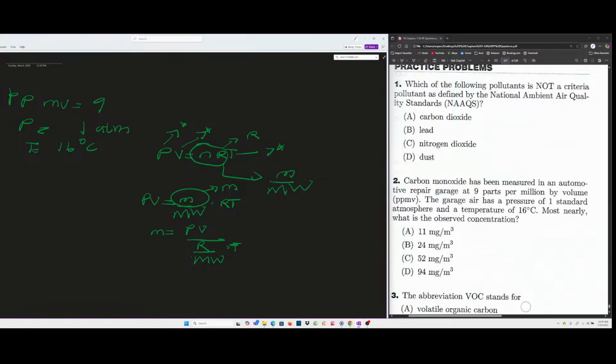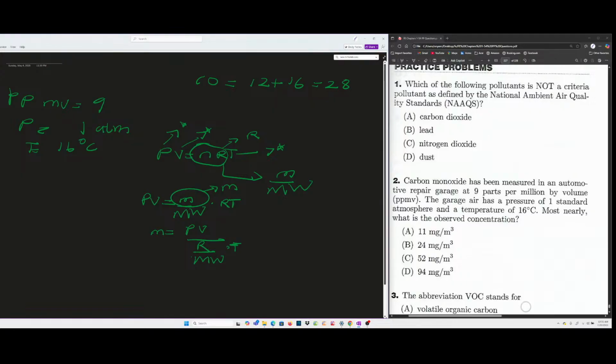Now, next, the molecular weight of carbon monoxide. Carbon monoxide is CO. C is 12 and oxygen is 16, so this is 28.